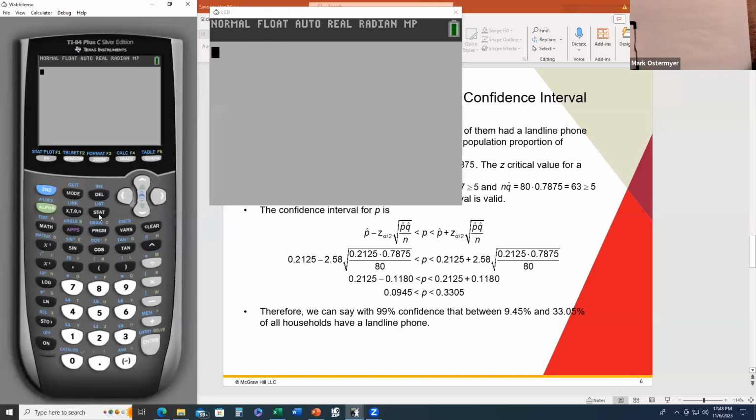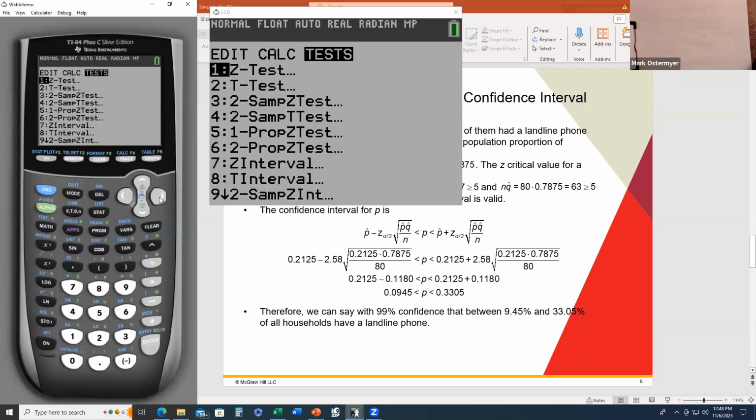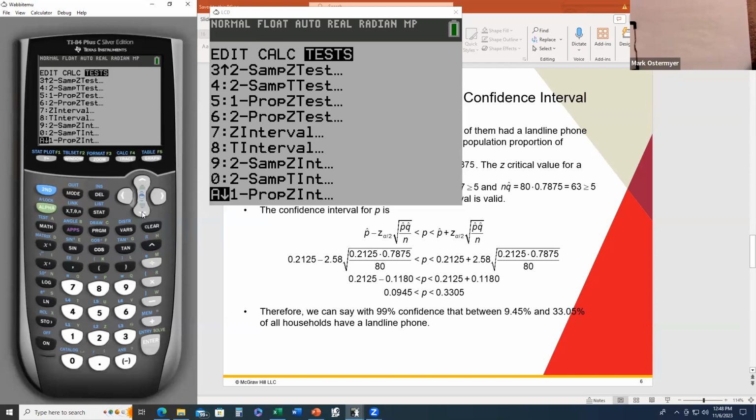What we'll do is we'll go to our stat, and then we'll go over to tests. And then we'll go down and select the function that is the one prop z int function.